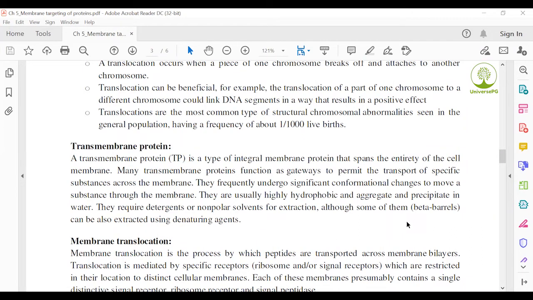They frequently undergo significant conformational changes to move substances across the membrane. So transmembrane protein is a type of integral membrane protein that spans the entirety of the cell membrane.